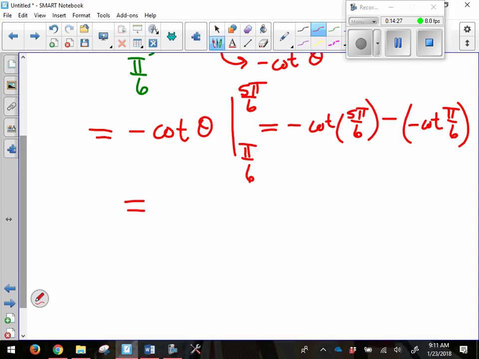But what are we going to get? Positive 3.46?